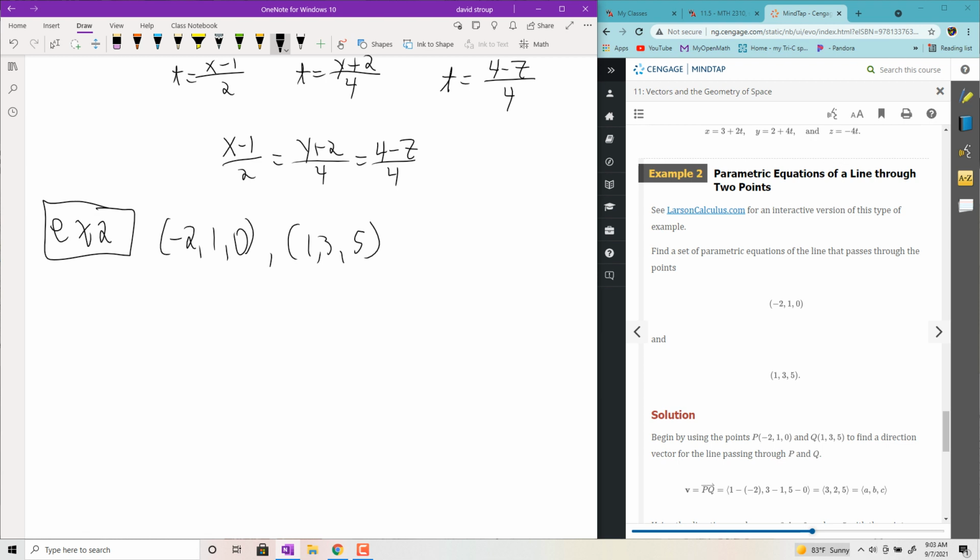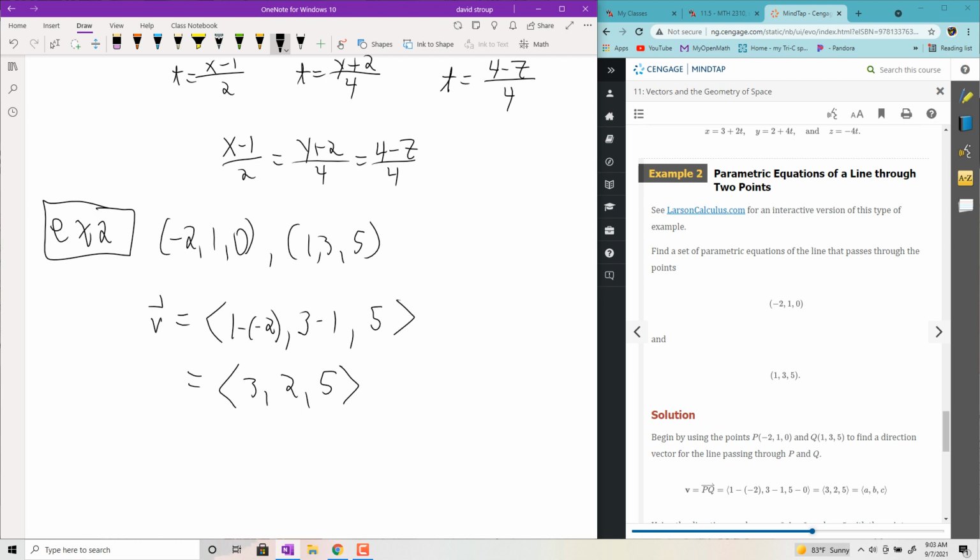So I'll let v equal the difference between these 2 vectors, or points. So 1 minus -2, and then we have 3 minus 1, and then we have 5 minus 0, which is just 5. So our directional vector is 3, 2, 5.